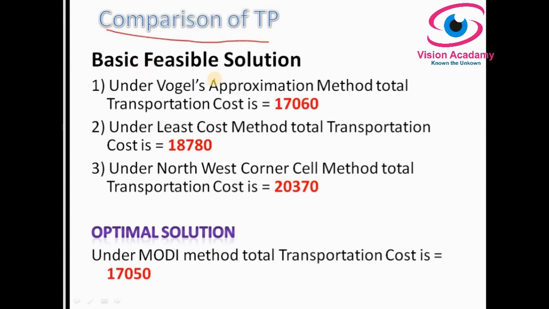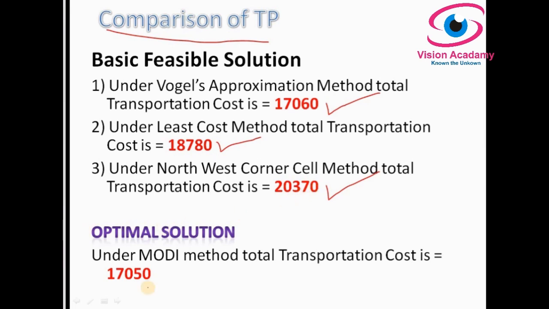So let us compare all the basic feasible solutions and the MODI method here. Under Vogel's approximation method in this problem, we obtained 17,060. I have also calculated under the least cost method, which is 18,780, and under the northwest corner cell method, which is 20,370.